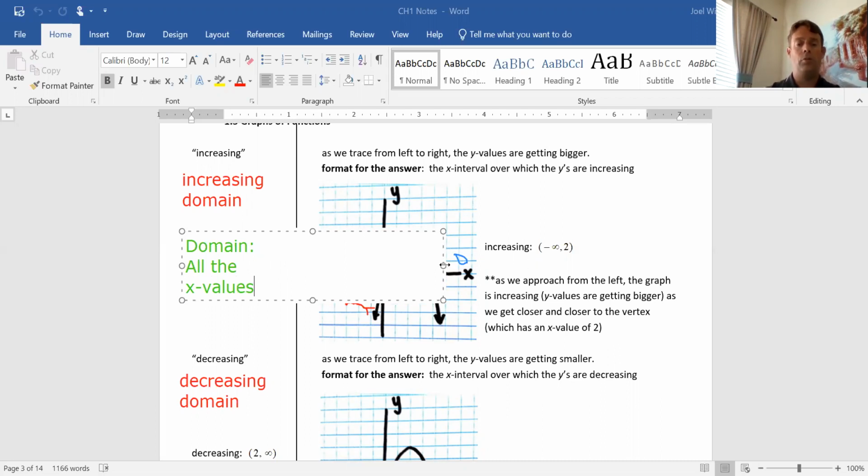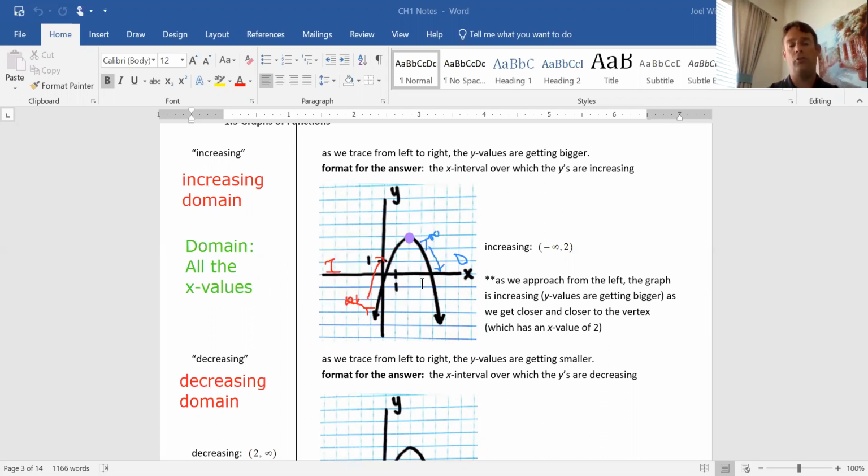So as we're going through here, we're talking about increasing domain and decreasing domain. In other words, what are all the x values when my graph increases, and what are all the x values when my graph decreases? So when we're looking at this here, the increasing domain is going to go from negative infinity, because that arrow means it goes to infinity, to the x value of my vertex.